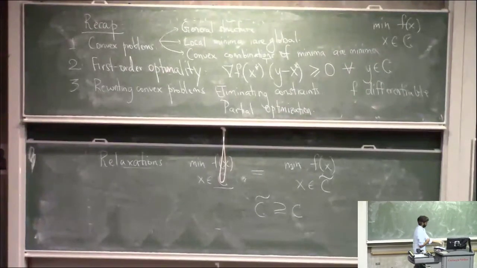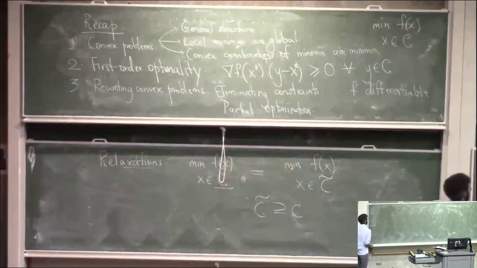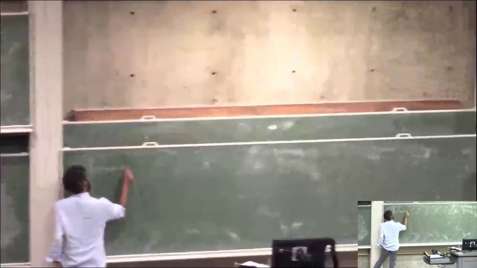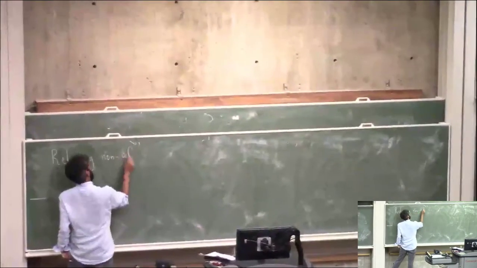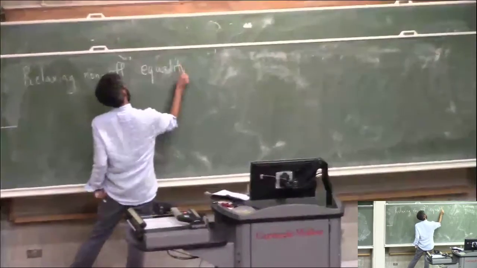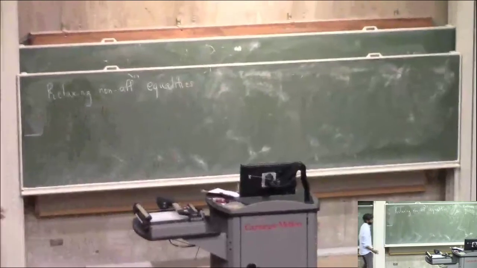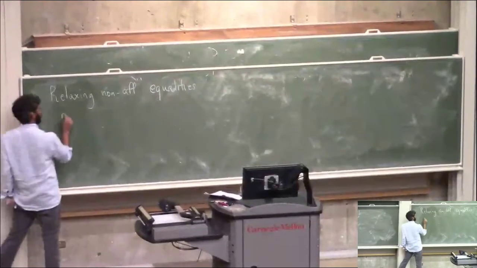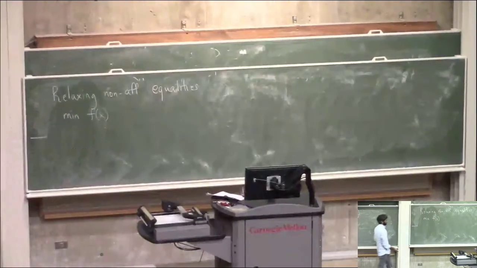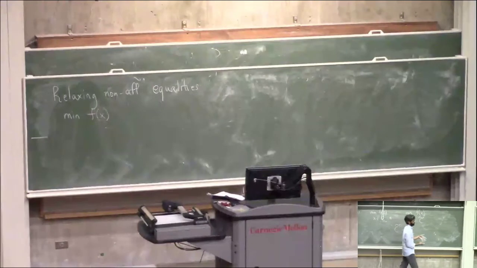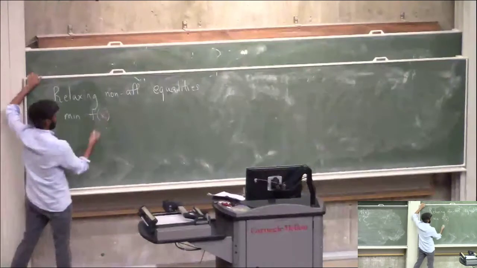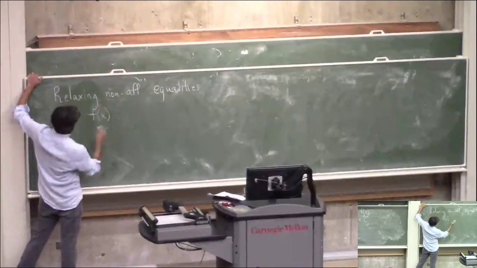All right. Okay, so one example of this is where you're trying to relax what are called non-affine inequalities. So the setup here is you're minimizing a convex function, but instead of having just convex inequalities and affine equalities, you have some convex equalities.